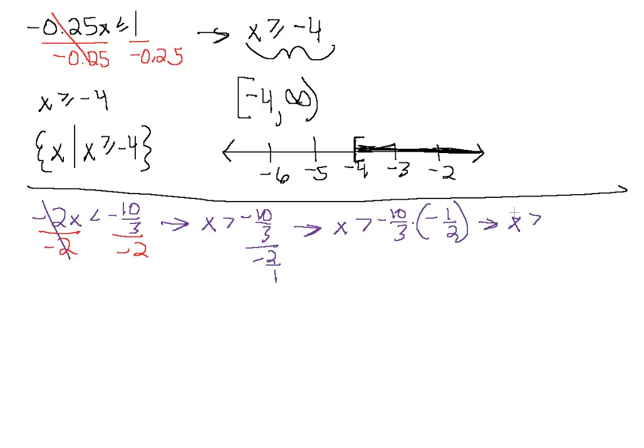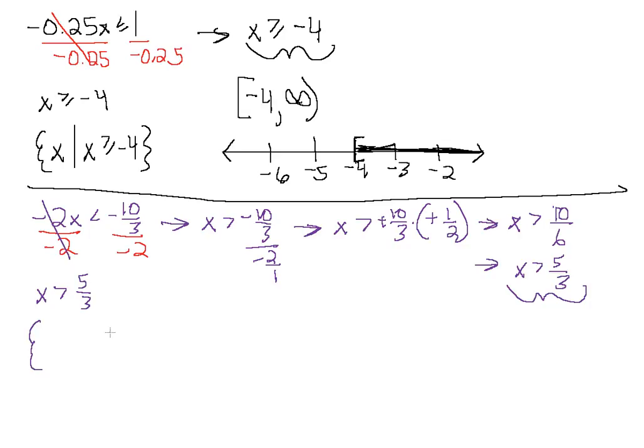So we have x is greater than, these negative signs cancel, 10 over 6. Positive 10 over 6 is the same thing as, if we factor out a 2 out of the top and the bottom, we have 5 over 3. So x is greater than 5 over 3 is our solution in inequality notation.